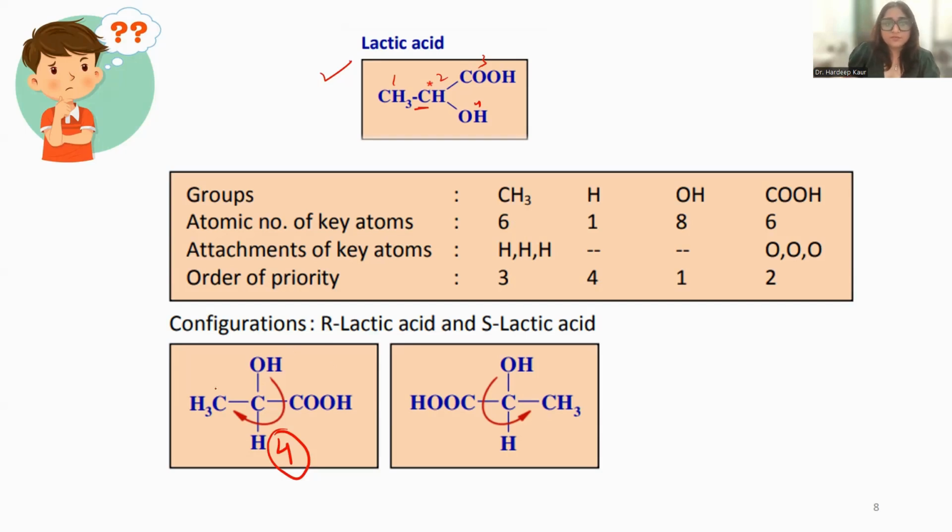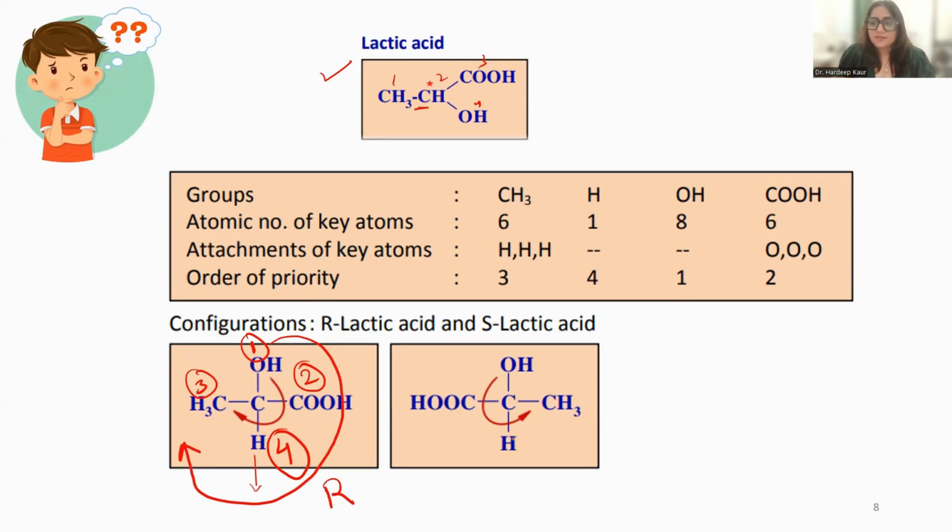But who will get the third number? This one. Here, this oxygen is directly attached to this one, so it is first number and second number. In this case, the lowest priority group is already on the top or bottom, so whatever the confusion, 1, 2, 3, it is R configuration.